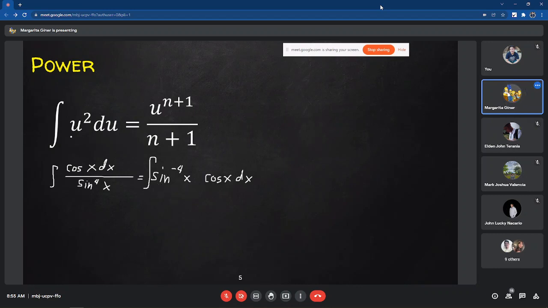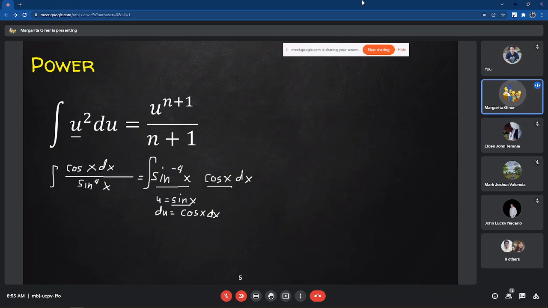So, again, the one with the power is the u. So, your u here is equal to sine x. Solving the antiderivative, du will be equal to cosine x dx. Okay? So, this is the value of your u, it matches.